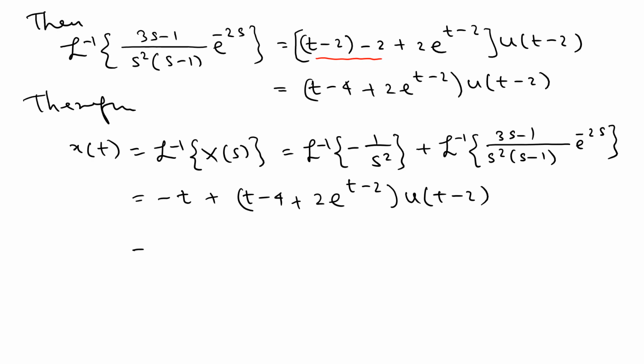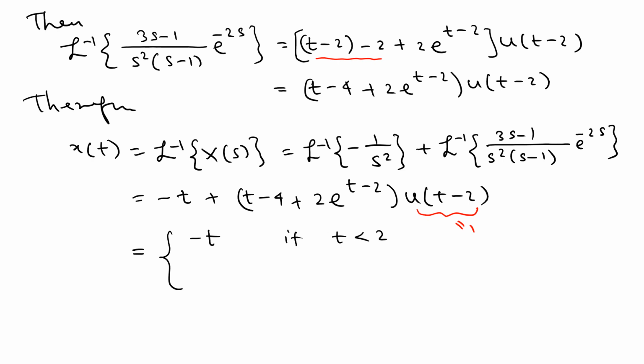For example, you can see that if t is less than 2, the second function is 0, so you only get minus t. If t is greater than 2, this u function simply becomes 1.